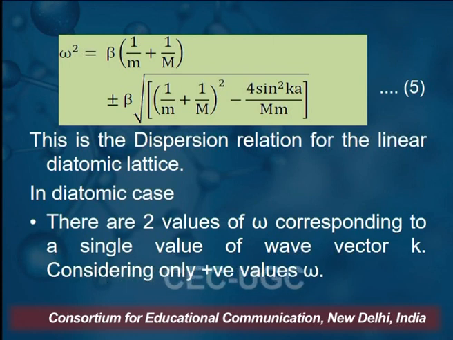When I take the square root of the right hand side of equation 5, I am considering only the positive part, because a frequency can never be a negative quantity.